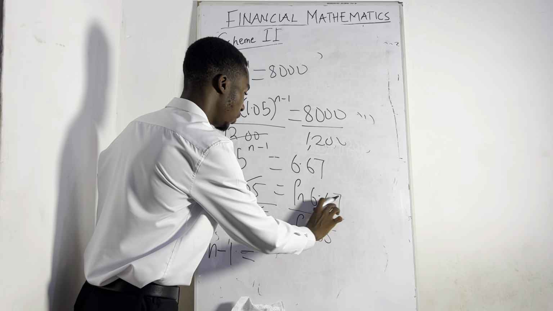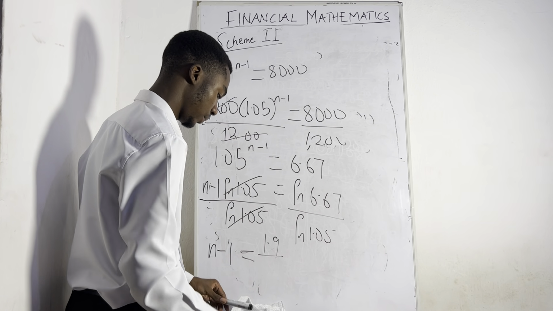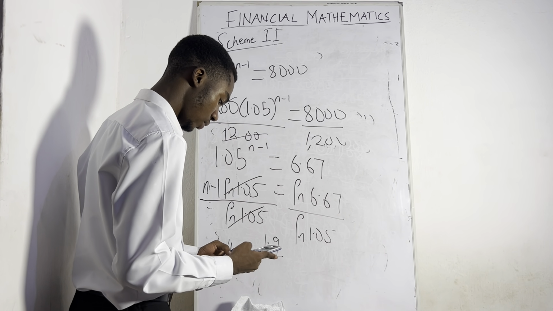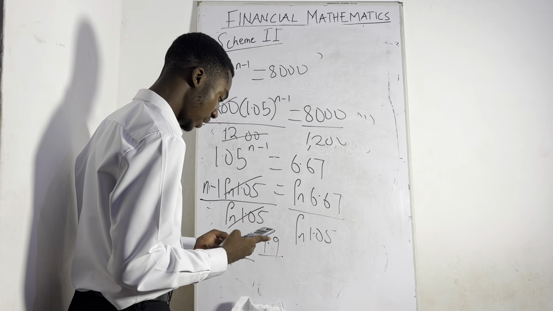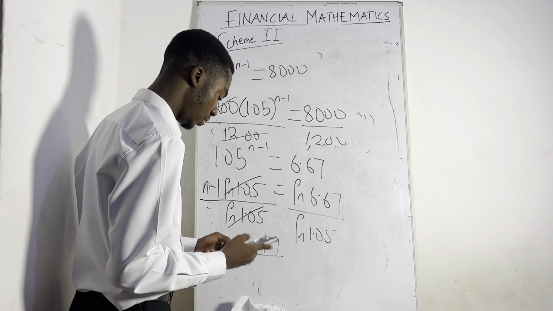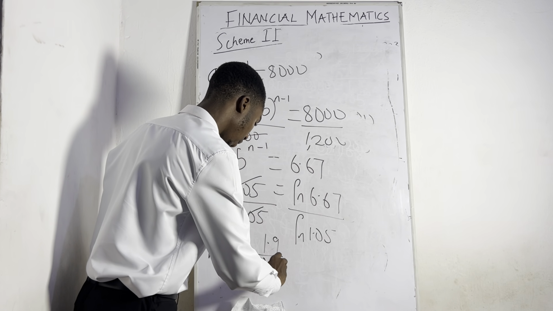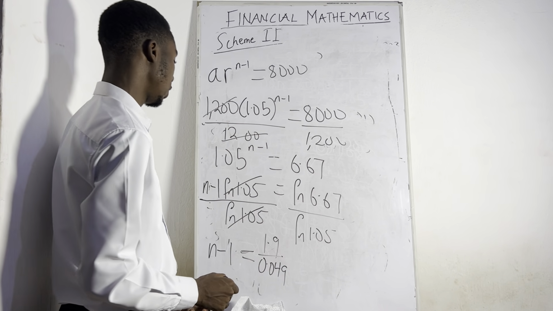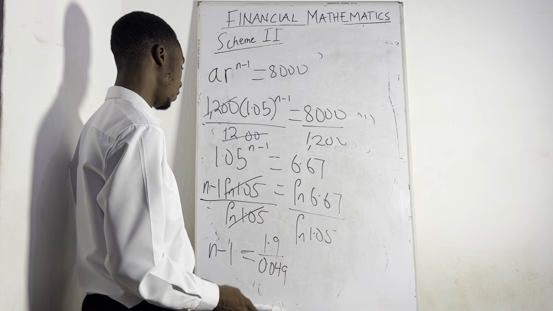1.9 is the ln 6.67, then over ln 1.05. So ln 1.05, you're getting 0.048. So let's do 0.049. You get it. So n minus 1 is equal to 1.9 over 0.049.